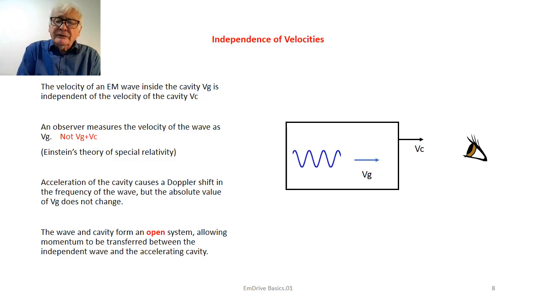The important inference from all this is that the wave and the cavity therefore must form an open system, which allows the momentum to be transferred between the independent wave and the accelerating cavity. So maybe we should describe EmDrive as a relativity drive.